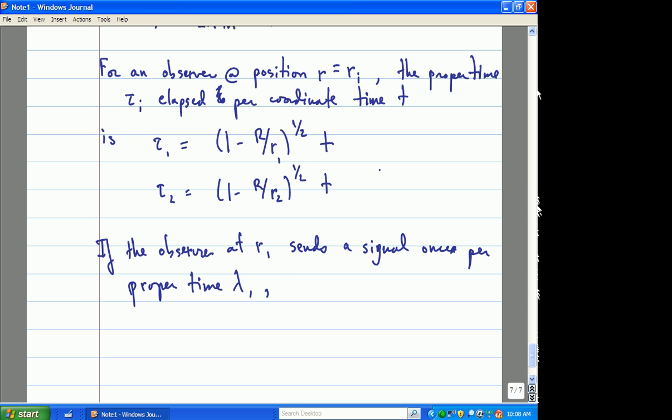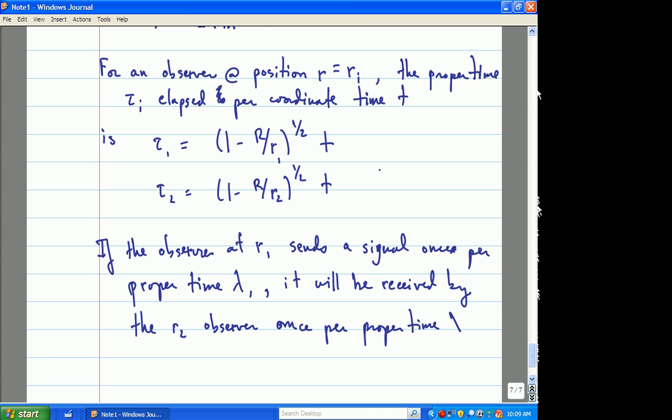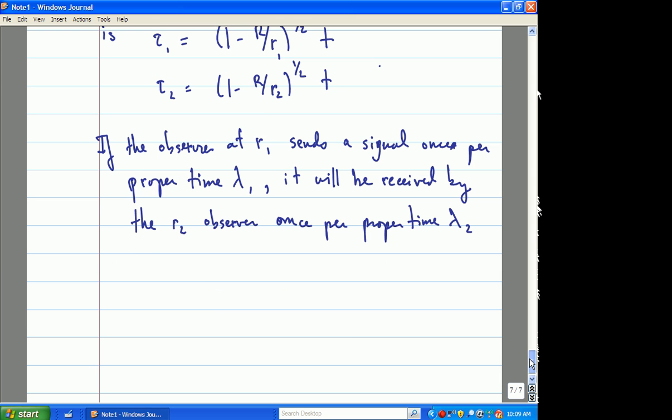So this signal will be received by the R2 observer once per proper time lambda 2, where lambda 2 is related to lambda 1 by the factor which is given by the ratio of these two factors that appeared up here.